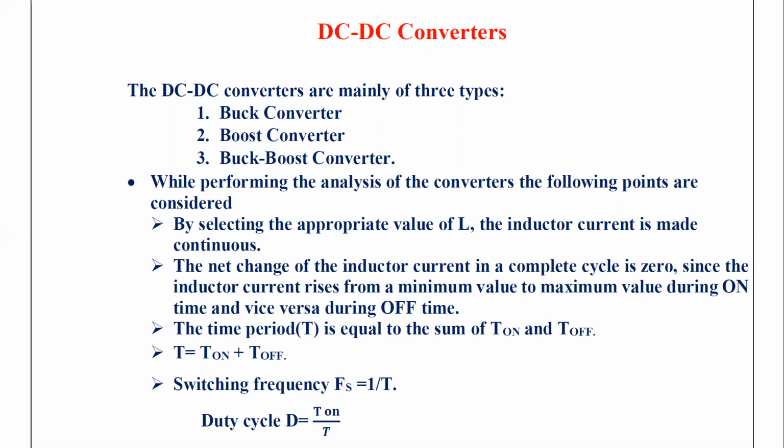Every time we are going to calculate a switching frequency Fs, which is equal to 1 by the complete time period T. The time period T is equal to the sum of turn on time plus turn off time.